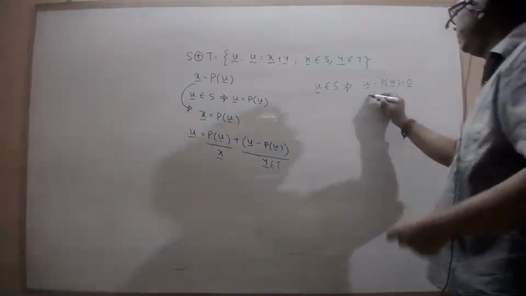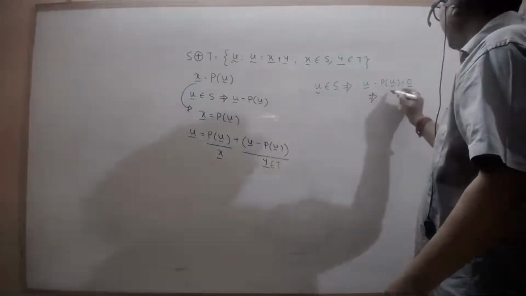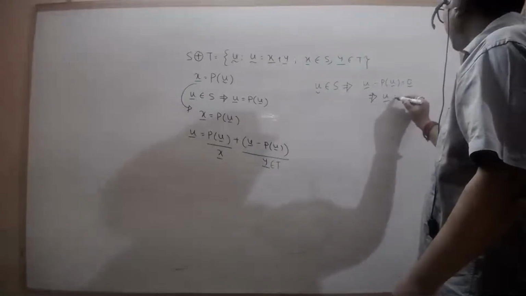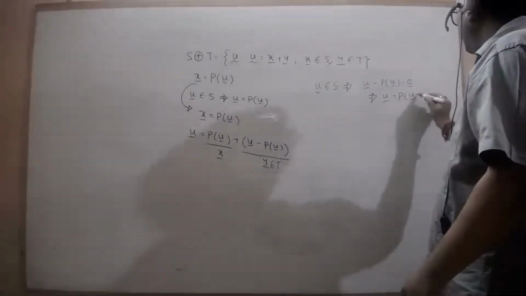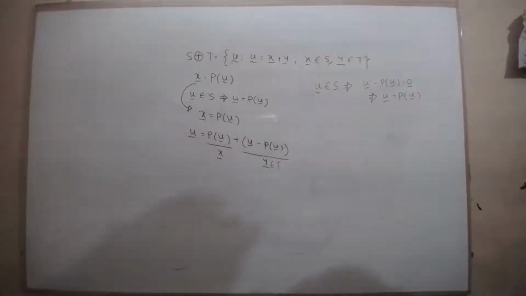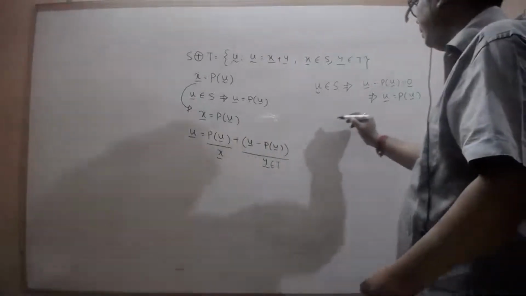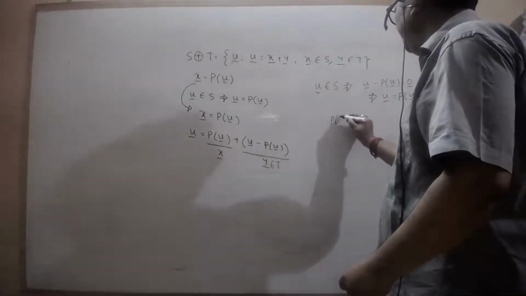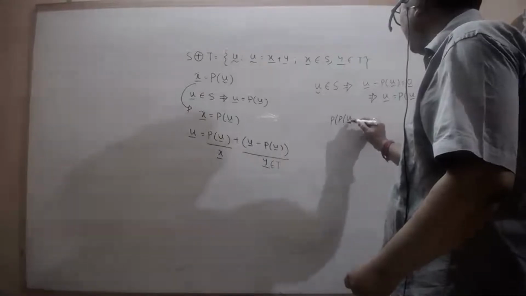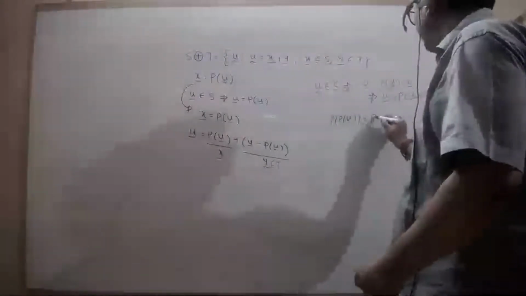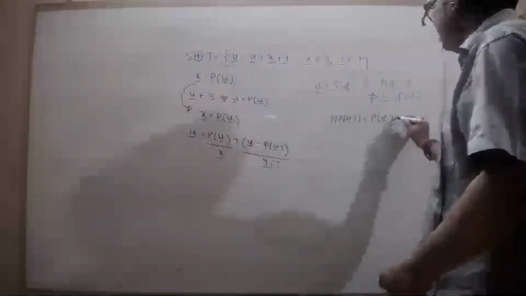This implies u equals Pu. Therefore, Pu equals Pu.